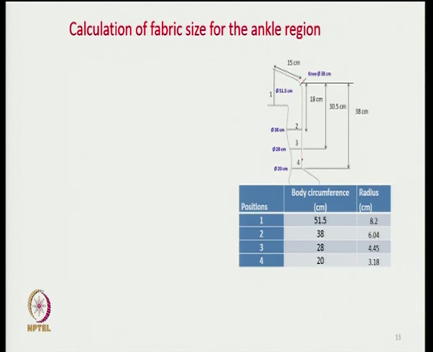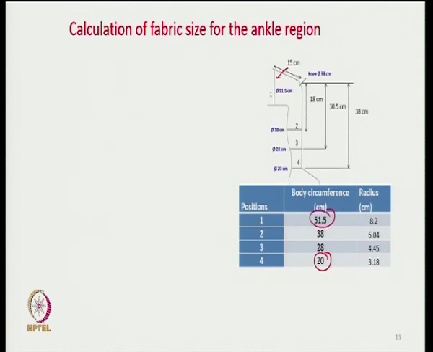The dimensions are also given for the different parts. This is the ankle part, position 4, and that is 20 centimeter, and position 1 is this region as shown here, and the value is 51.5 centimeter.